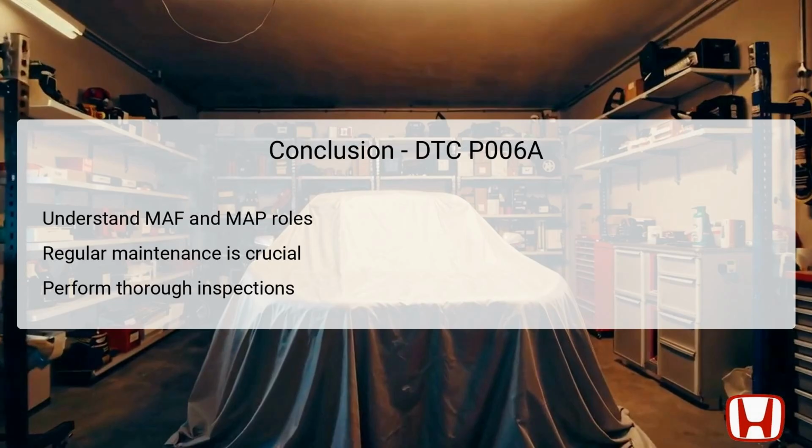Additionally, emphasizing the importance of regular maintenance can prevent the emergence of such issues in the future. Proactive care, including timely inspections and part replacements, will maximize vehicle performance and longevity. This approach ensures that drivers enjoy a reliable driving experience without the interruption of unexpected DTCs.